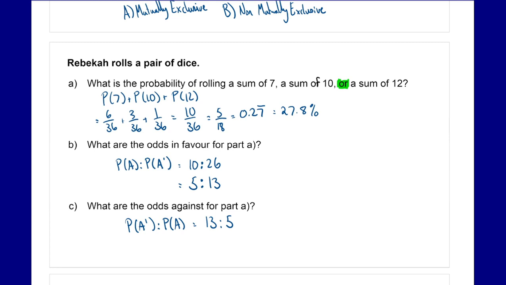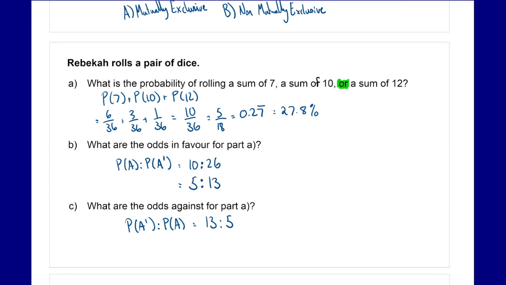What are the odds in favor of part A happening? So this one's a little bit different because remember, we're comparing the outcomes of A happening to the outcomes of A not happening, right? So in favor means A occurring to not occurring, or the outcomes where A can occur to the outcomes where A can't occur. So in this case, 10 to 26, because there are 10 outcomes where the 7, the 10, or the 12 occur, and there are 26 other outcomes where they do not.